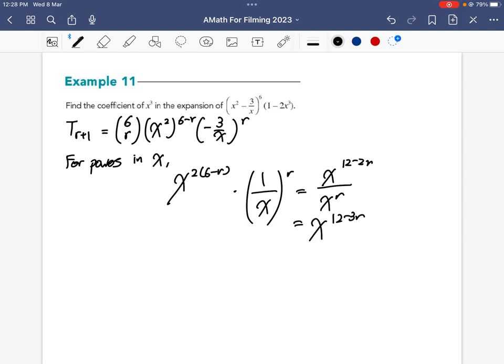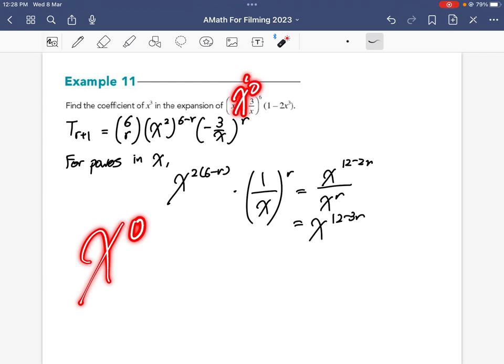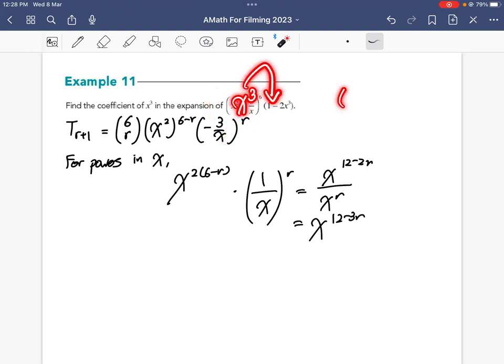So what I've gotten here is my powers in x. Now there are two terms that are required, if you remember. One term is the term that is x to the power of 0. That term, x to the power of 0 times this negative 2x cubed, will give me a term in x cubed. Another term that I require from here will be the x cubed term, because if I have the x cubed term here, multiplied by the 1, I can get the x cubed term.